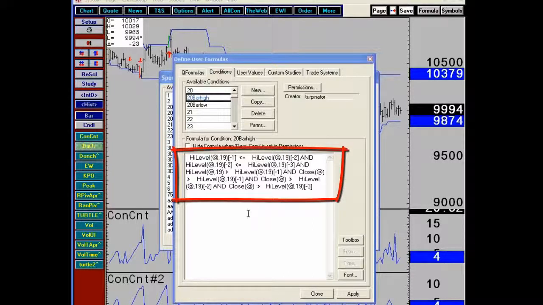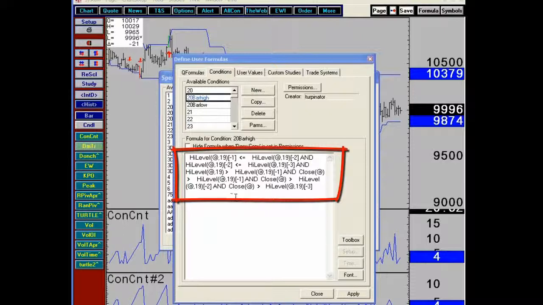The code looks a little bit complicated, but in fact all it's really saying is that when we make a breakout, for at least the previous 2 bars, the breakout level has either been flat or has been in the opposite direction to the breakout itself.